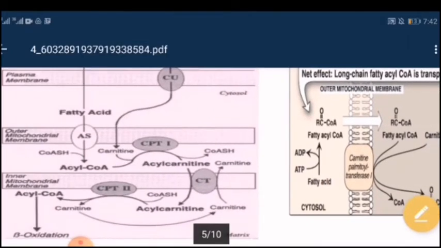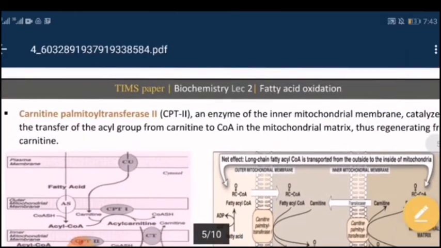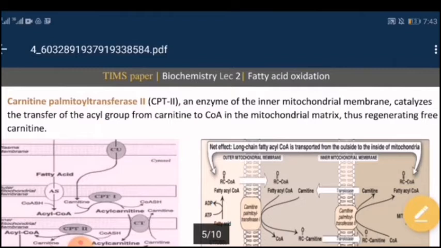Before entering, we had free carnitine and fatty acyl-CoA, so inside the matrix we must have the same thing: fatty acyl-CoA and carnitine. If this does not happen, there is a disease. CAT2 catalyzes the transfer of the acyl group from carnitine to CoA inside the mitochondrial matrix, regenerating free carnitine and returning the acyl group back to its fatty acyl-CoA form.